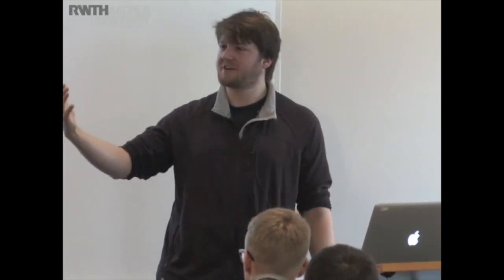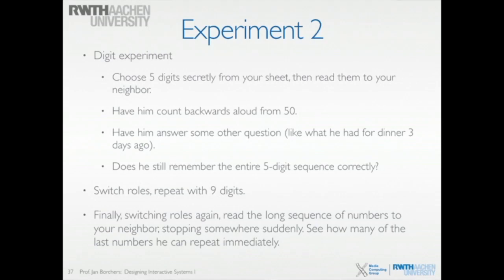So do this. After you've done this, now also once more for the experimenters, I will ask you how many digits your subject still remembered, and we'll do it this way. You put your hand up, and I'm going, did you remember 1 digit, 2 digits, 3 digits, 4? And as soon as this is not true anymore, you put your hand down. So we can see how many were remembered.